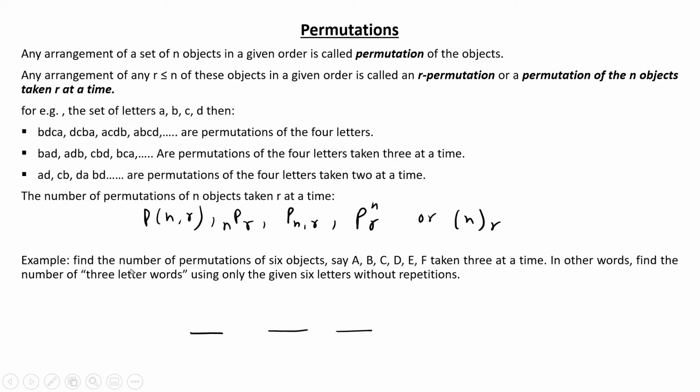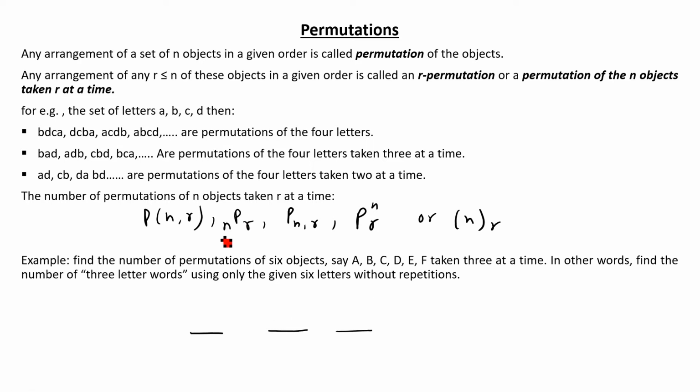So example, find the number of permutations of six objects, like we have six characters, letters A, B, C, D, E, F, taken three at a time. In other words, find the number of three-letter words using these six letters. So we have exactly three slots.